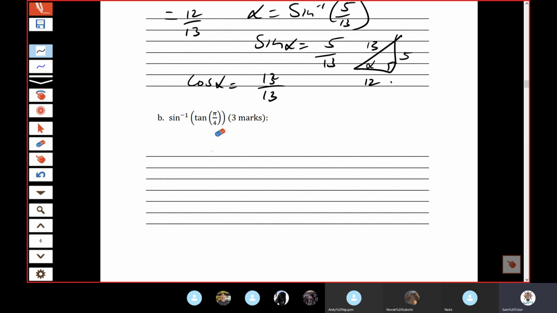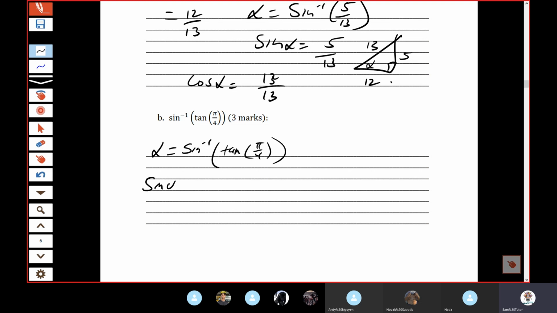Give me a second to think. What am I missing? The only thing I can think of is that alpha equals inverse sine of tan pi on 4.